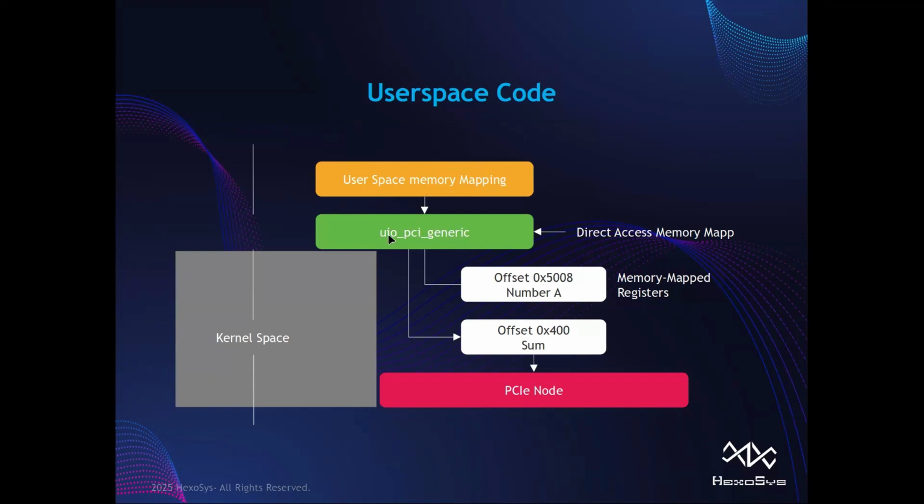In this example, I used that UIO PCI generic, and that will provide access by memory mapping, and then via this we can write our number A and number B, and then read the sum of these two numbers from the system.